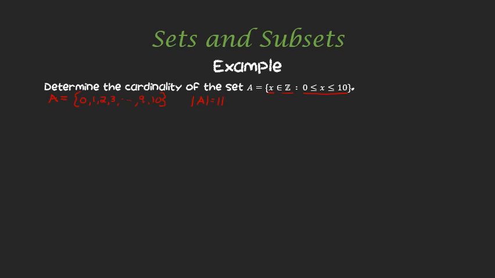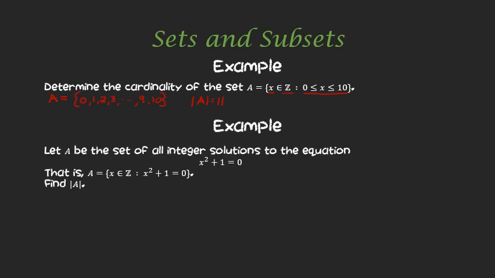All right, let's take a look at another example. So here A is the set of all integer solutions to the equation x squared plus 1 equals 0. So all the solutions to this equation. This is a perfectly fine way to define a set. It's a set of all solutions. And in fact, sets defined like this can really be defined using set builder notation.